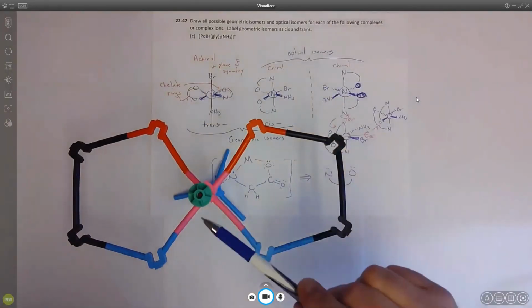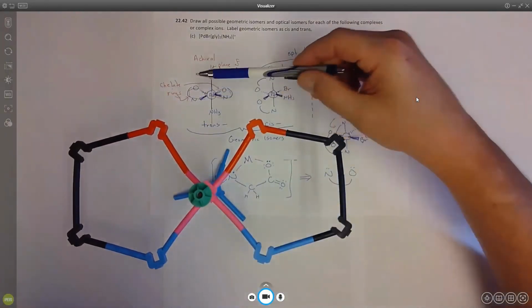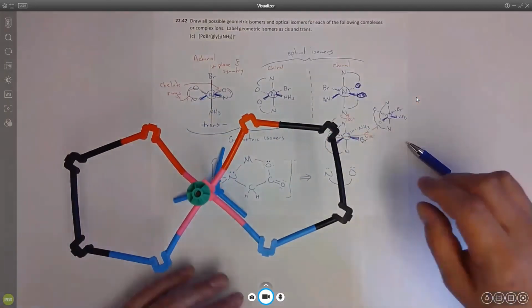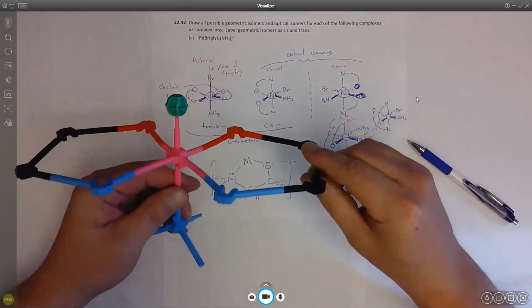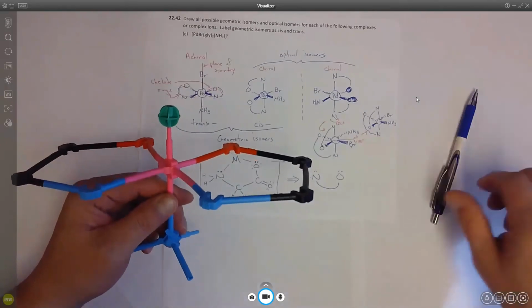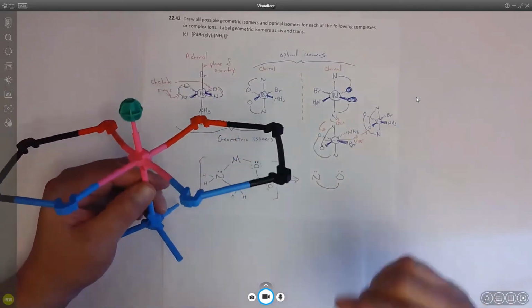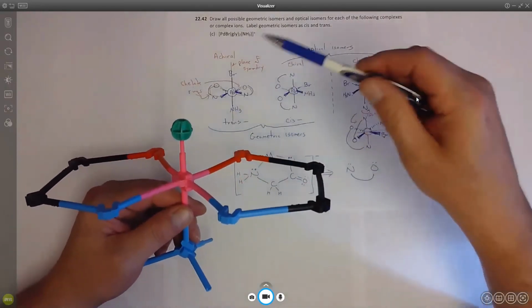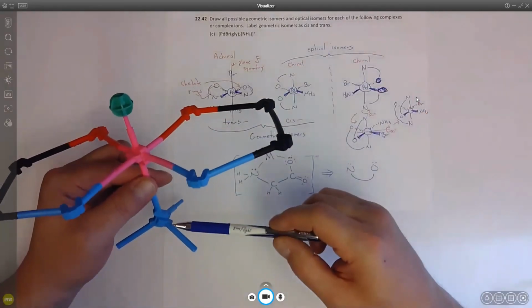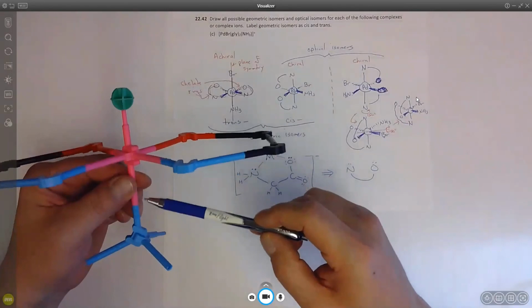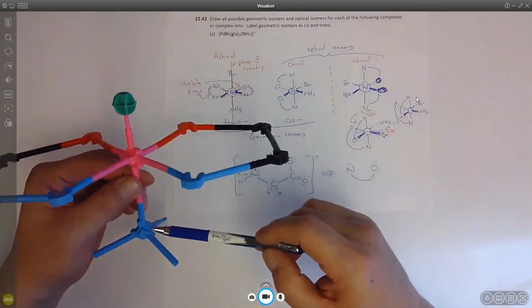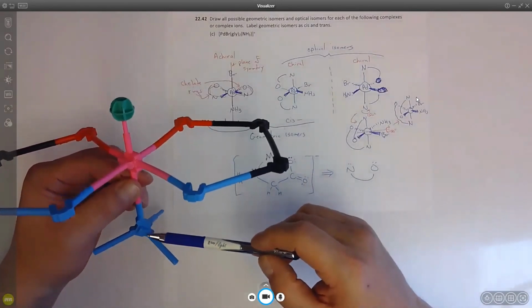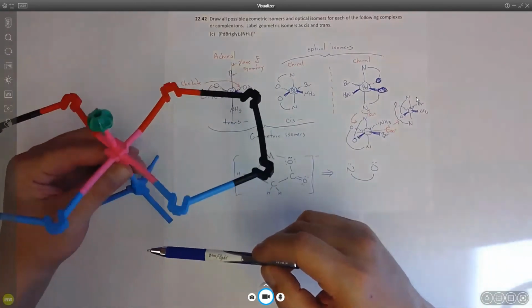This one's coming out, which is the nitrogen, and then we have this one, which is going back, which is the oxygen. So when we rotate this thing so it's on the plane, you can see that the bromine is going up, and the ammonia is coming down. Okay, so there's that particular isomer.